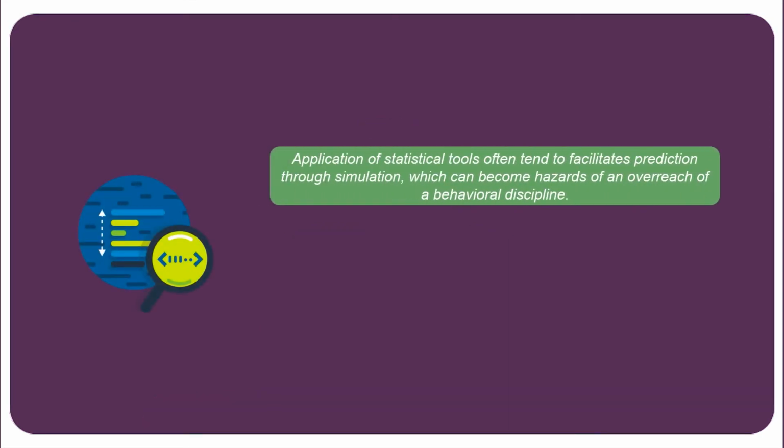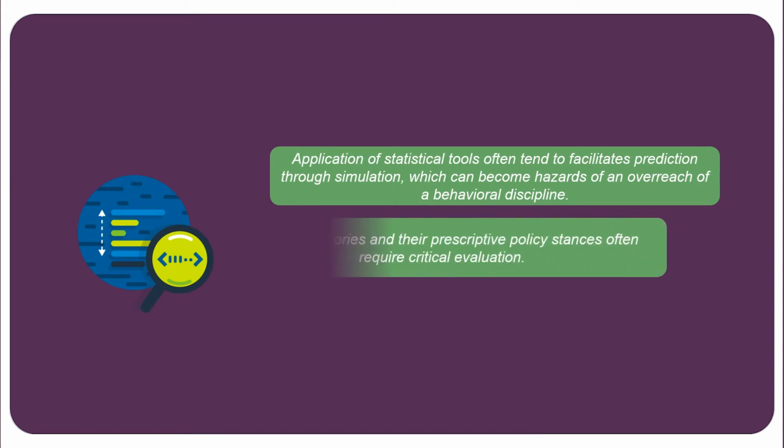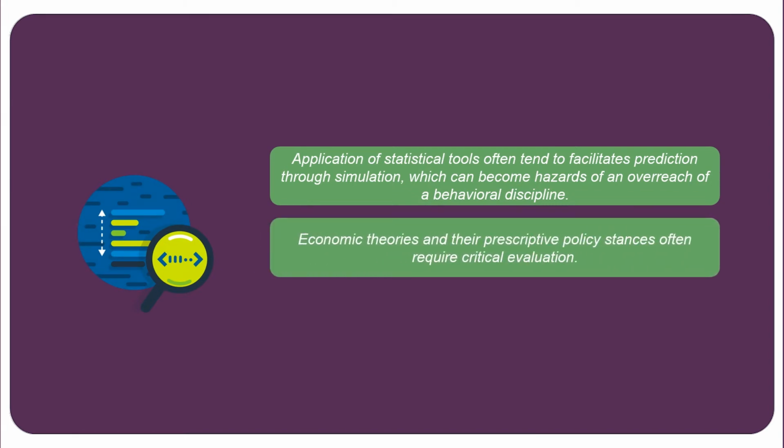There are also often disciplinary pretensions to claim objectivity of research with a risk of an overreach. Application of statistical tools often tends to facilitate prediction through simulation, which can become a hazard of an overreach of a behavioral discipline. Therefore, economic theories and their prescriptive policy stances often require a critical evaluation.